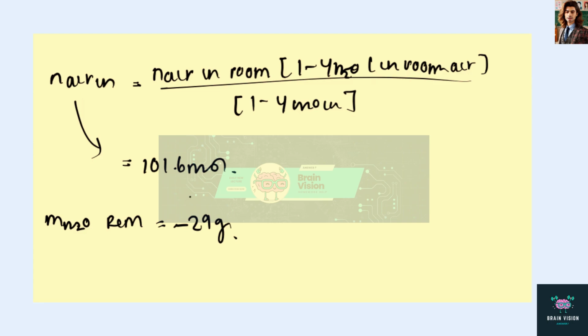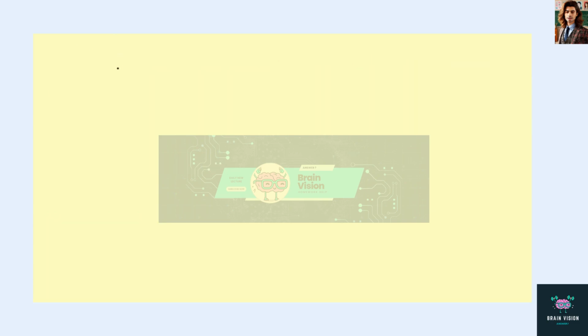And then we can calculate the dry air present in the room. N dry air room, 98.28 moles. So then we can determine the mass of water per kilogram of dry air. We'll do that on the final page where we have negative 29 grams.